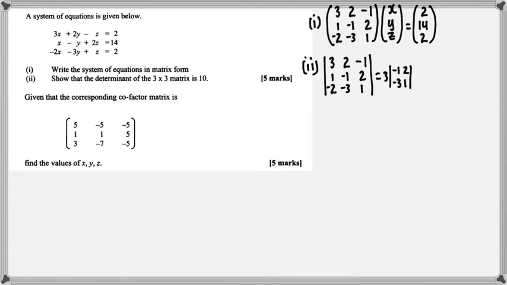And then let's look at 2. So to get 2, we will take 2 and cover up the elements in the row and column of 2. So you'll be left behind with these 2 and these 2. So these would form your 2 by 2 matrix that you're going to find the determinant of, and you're going to take this 2 here and multiply it by the determinant of that 2 by 2 matrix.